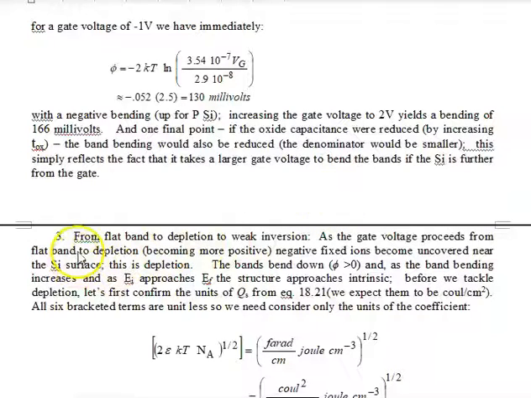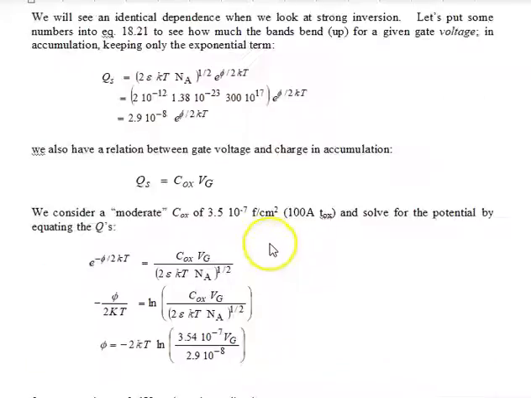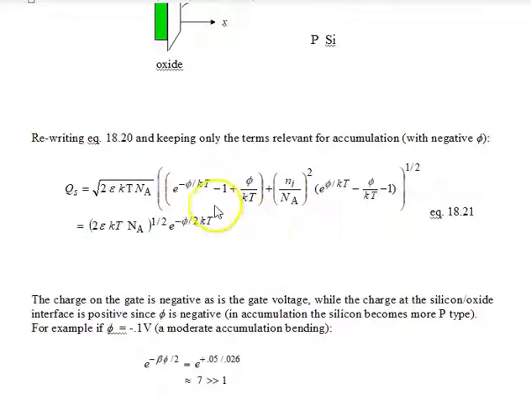Okay, so now we go from accumulation back to flat band by making the gate more positive. We were at minus 2, minus 3 volts. Now we're going to go back to 0 volts, which is to say flat band, and then we're going to proceed to depletion and to weak inversion. So we go back to our basic equation.